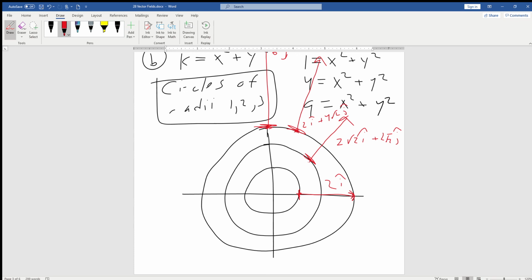Remember, we talked about the idea of orthogonal earlier in the course. And that's true for every single vector that's a result of the gradient vector field, is that we always get a perpendicular or orthogonal.